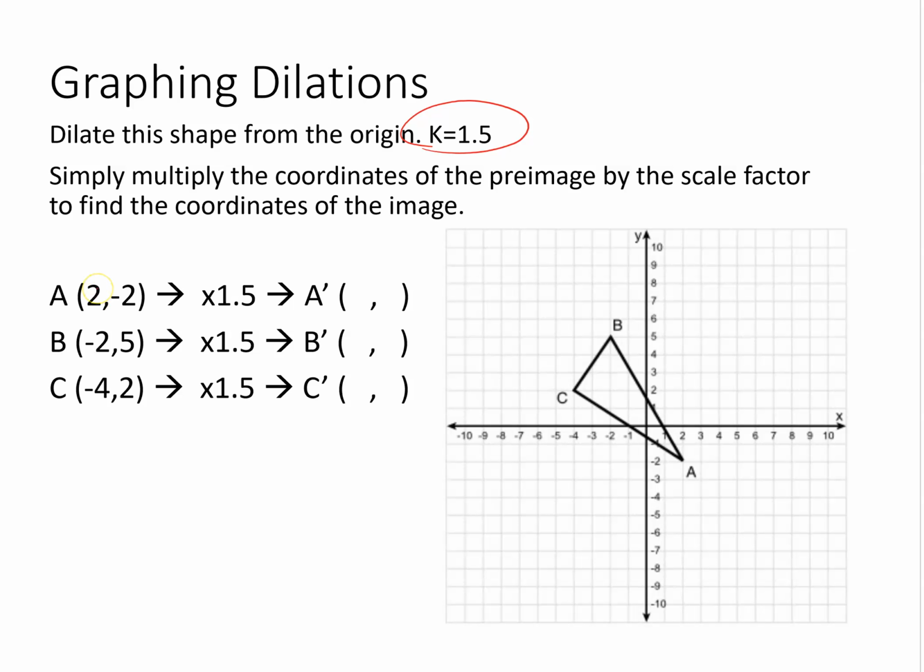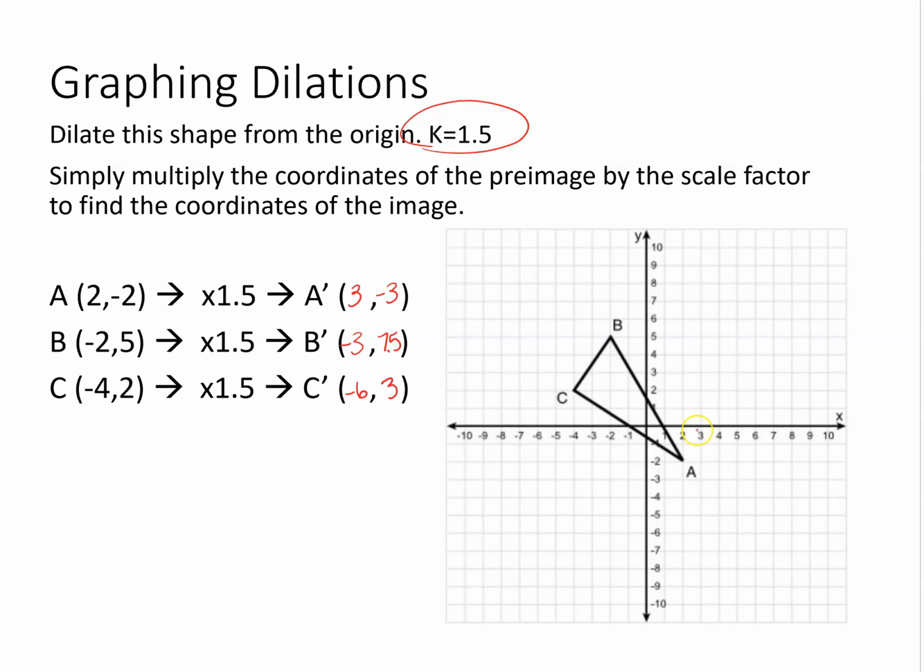So I'm going to take those numbers and multiply them by 1.5 and get the new coordinates. So 7.5, -4 times 1.5 is -6, and this would be 3. And now I can just plot these new points.